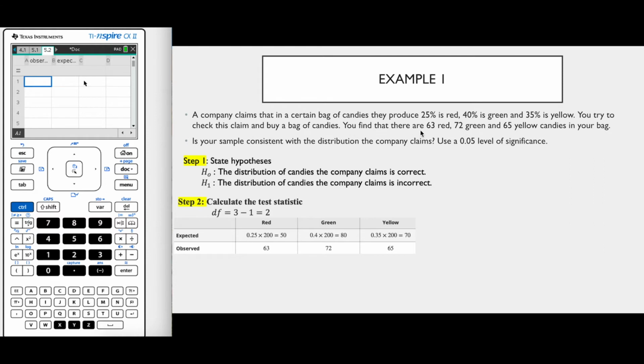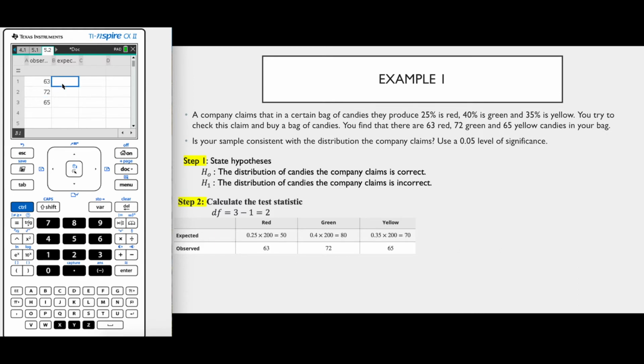Our specific bag of candy that we chose has 63, 72, and 65 candies. When you add that together, this is a total of 200 candies. So out of 200 candies, these are the numbers that represent the observed data. So my observed data is going to be the 63, 72, and 65.